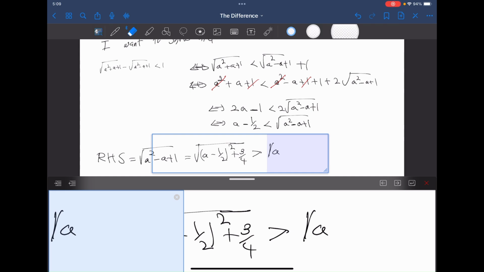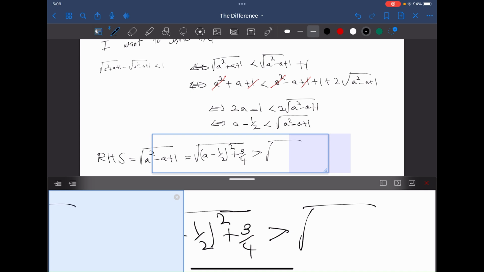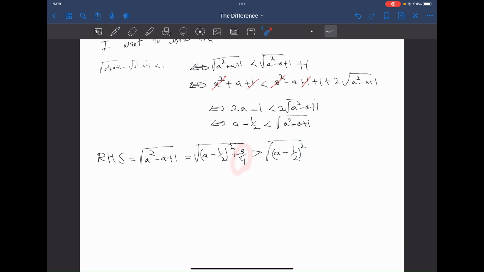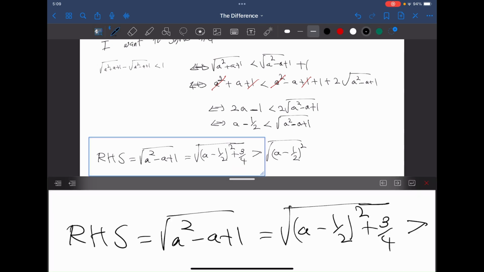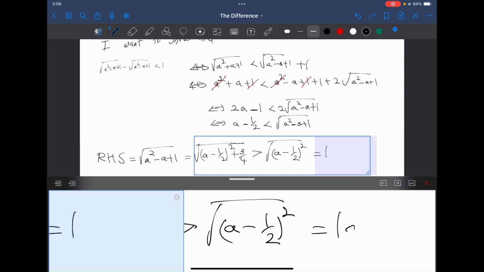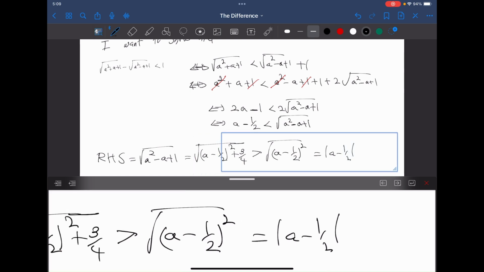Or I can write one more step here just to make it easier to follow: (a minus 1 over 2) to the power 2. You see I got rid of this term 1 plus 3 over 4, which is a positive term, and I definitely get something smaller. And this is equal to the absolute value of a minus 1 over 2.